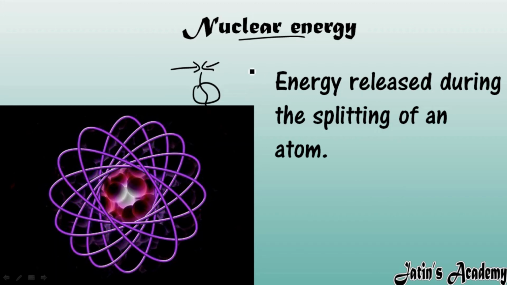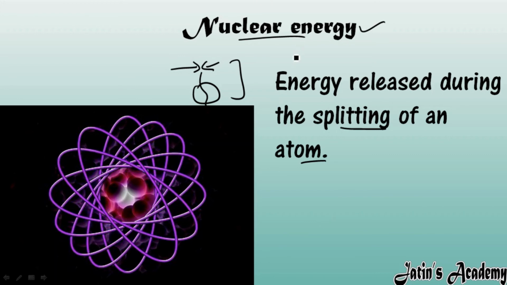The energy released during splitting of the atom, or energy released during combining of an atom, in any case, whatever energy is releasing, that energy is known as nuclear energy. So energy released during splitting of atom, or you can say energy released during combining of small atoms, that energy is known as nuclear energy.